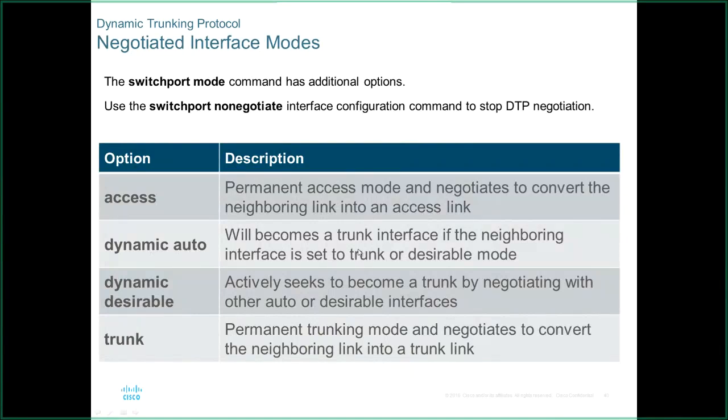Dynamic auto becomes a trunk if the neighbor is either set to trunk or desirable mode. So if you have both ends set to dynamic auto, it's not going to form a trunk. One end must be dynamic desirable, which means it's actively trying to negotiate a trunk, or trunk.